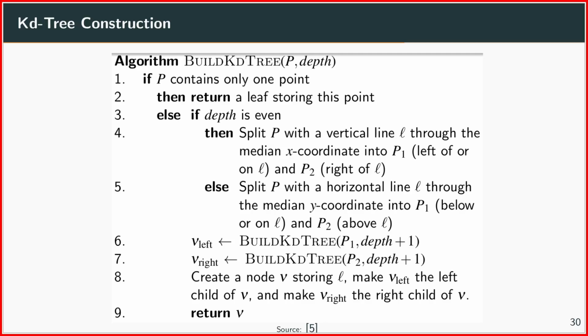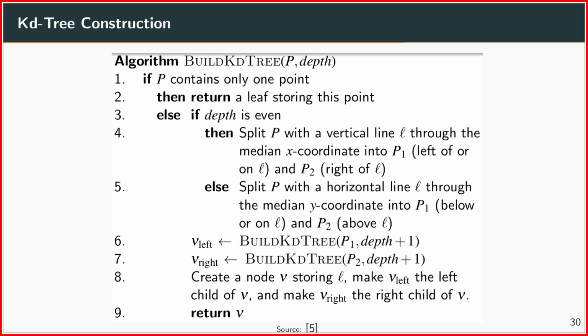And if it's not even, then you split it with a horizontal line. Again, half the points are above, half the points are below. And that gives you basically two subsets of points. For each of the subsets, you can build another KD tree recursively by increasing the depth here and just operating on the subset. This gives you two new nodes, left and right.